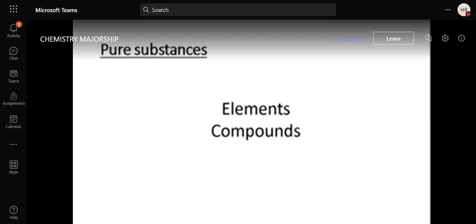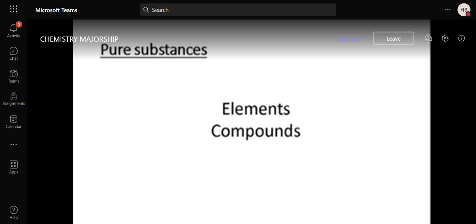So for pure substance, we have elements and compounds. Now, what question would you ask now to differentiate an element from a compound? Okay, an element is made of a single type of atom. So, kung copper yan, lahat ng atoms niyan, pag in-analyze mo, copper lahat.